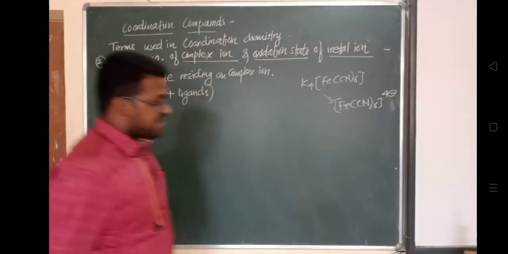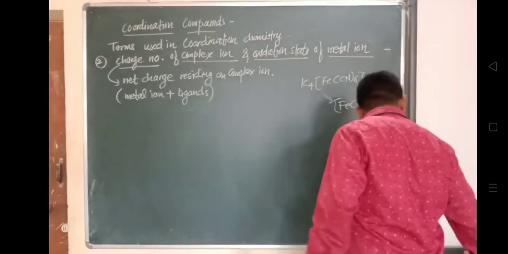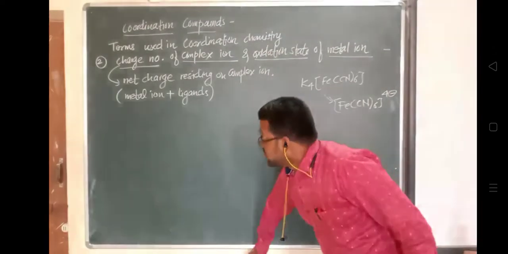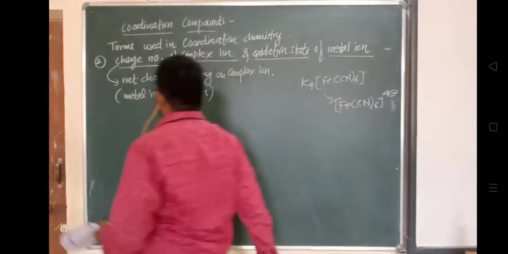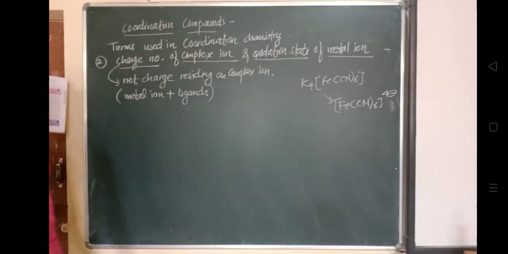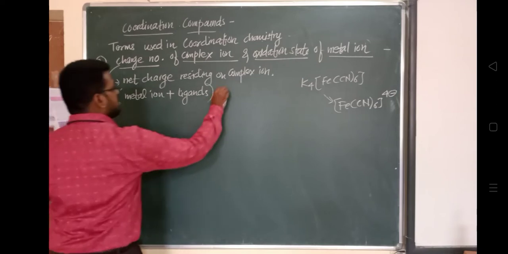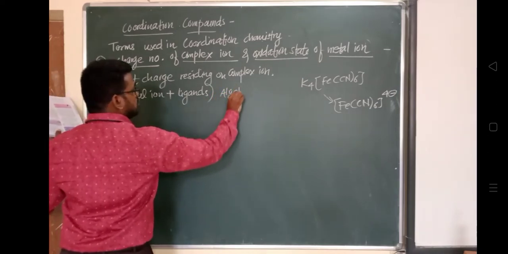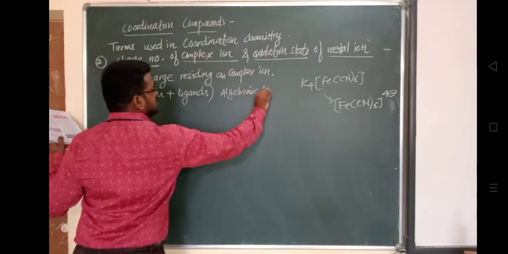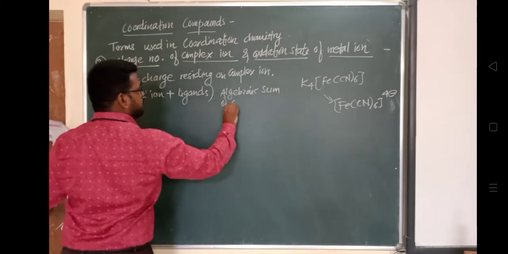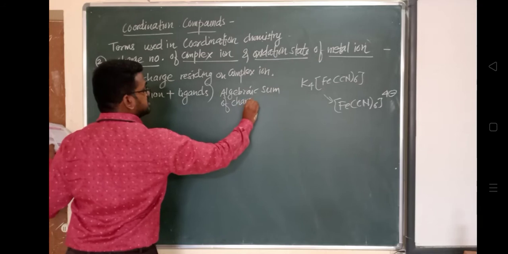So this is a complex ion and आप देख सकते हो इसमें जो 4 minus जो charge है, so how is this 4 minus charge coming? Due to this Fe, central metal ion, और the charge on the CN6 जो है, दोनों को कंबाइन करके टोटल चार्ज आ रहा है. So the algebraic sum of these charges will represent the charge number of the complex ion.